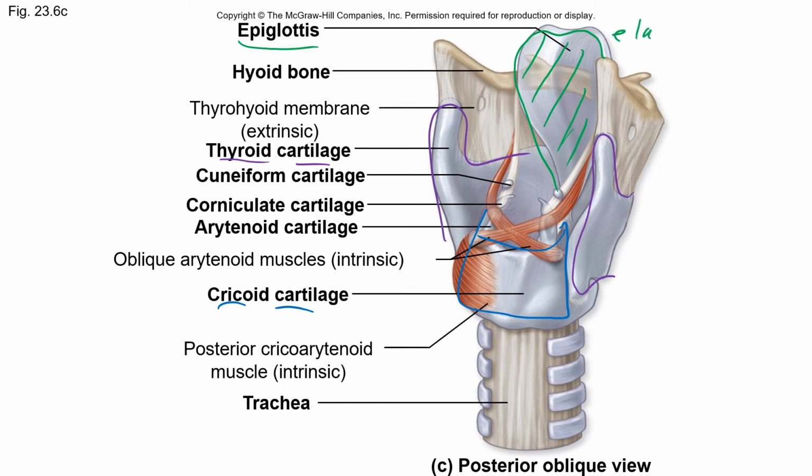It is the only elastic cartilage in the body, and it is elastic because its job is to fold down and cover the opening of the lower respiratory tract, known as the glottis, whenever you swallow food, because the larynx and the trachea sit just anterior to the esophagus.